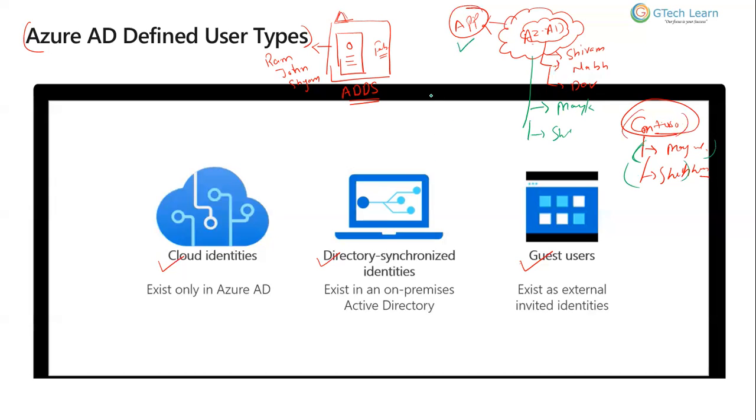That's okay. If we want to synchronize my Azure Active Directory with on-premises Active Directory, then we can set up that synchronization using a tool known as Azure AD Connect.